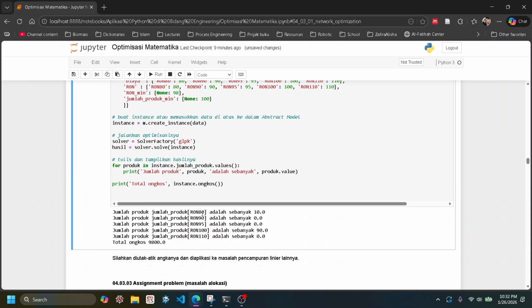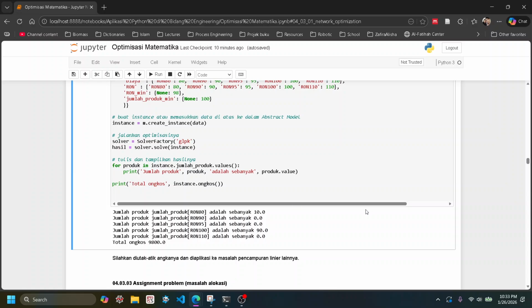If you multiply, 80 times 10 is 800, and 100 times 90 is 9,000. We add them: 9,800 divided by 100 gives 98, right? So the total cost is 9,800.